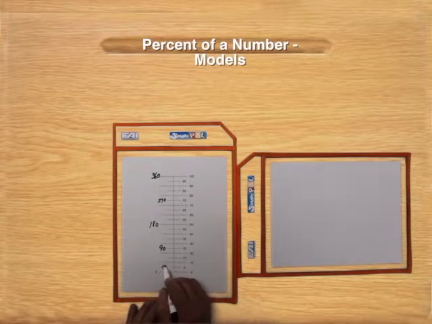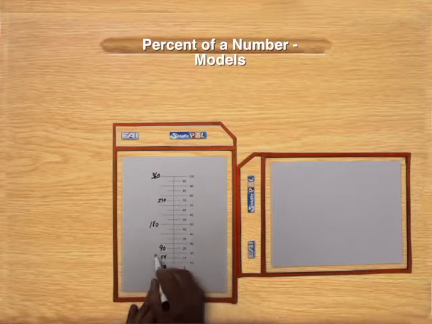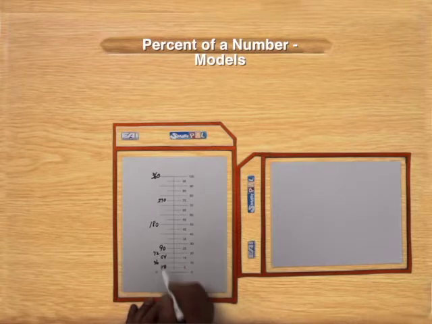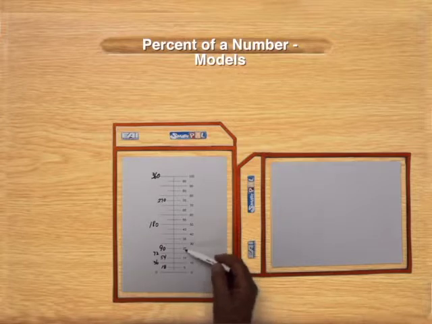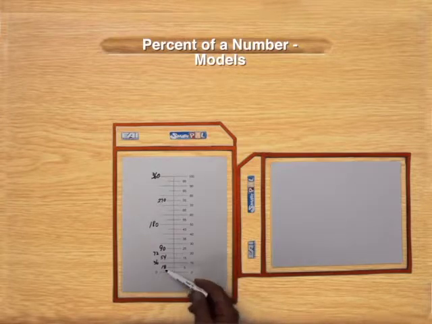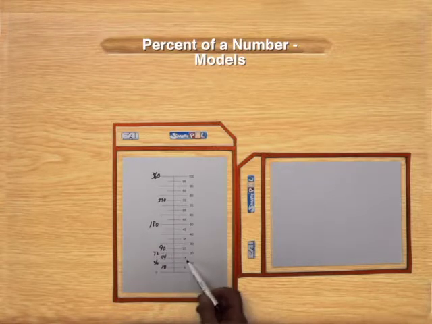So the first space is going to be 18, then it's going to be 36 to the next space, then it's going to be 54 to the next space, and then it's going to be 72 to the next one. So now we have 5, 10, 15, 20, and 25 matching up with 18, 36, 54, 72, and 90. 15 matches up with 54.